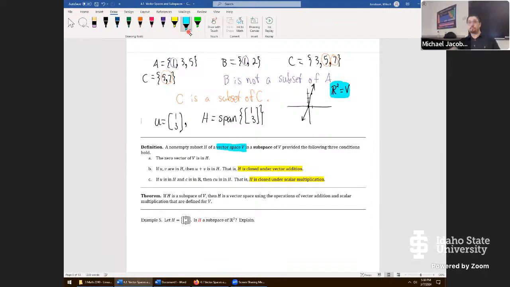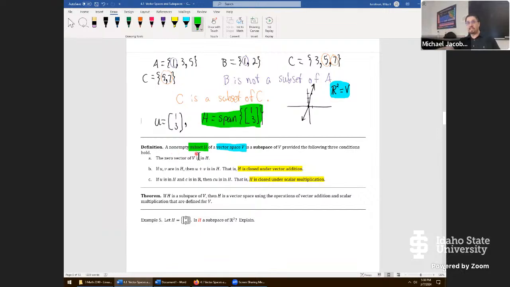So R2 is the larger space. And H, which is just the span of one single vector, turns out to be an actual subset. And this is what the subset would look like in this kind of context. So we're interested in those types of sets, but this is just to get the conversation started when we talk about subset. So with that out of the way, let's read through the definition in full.